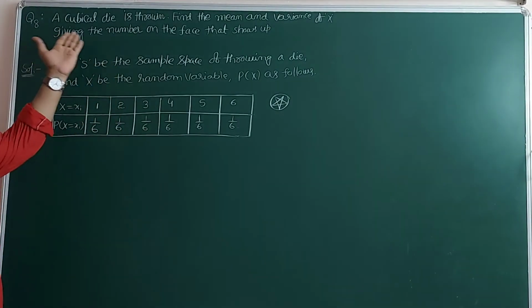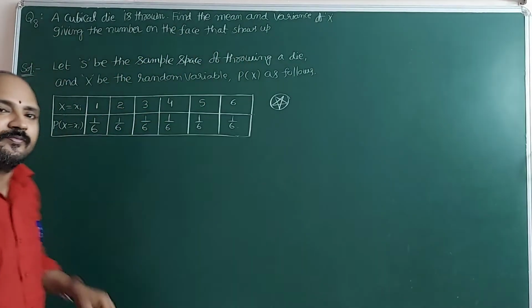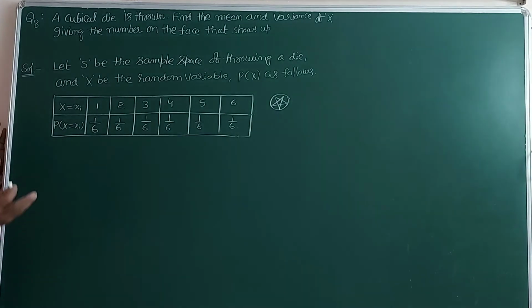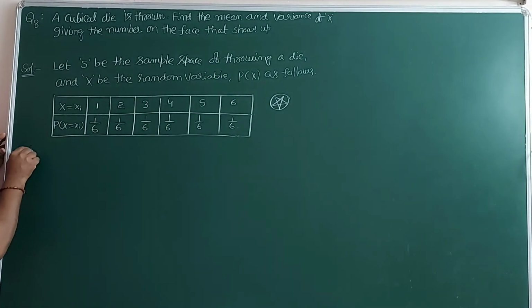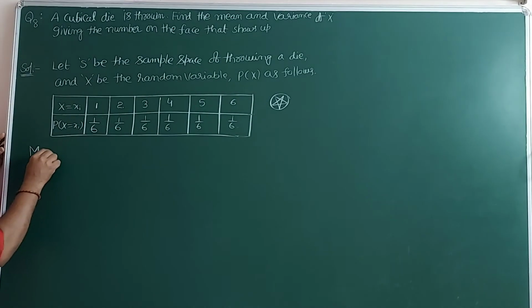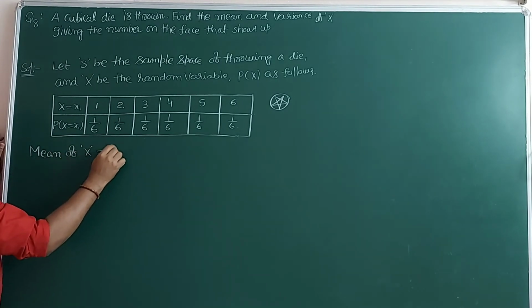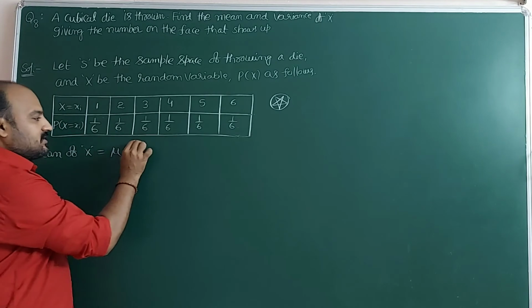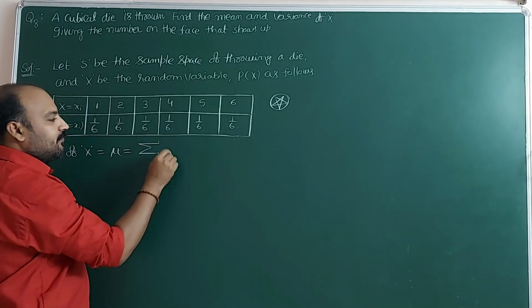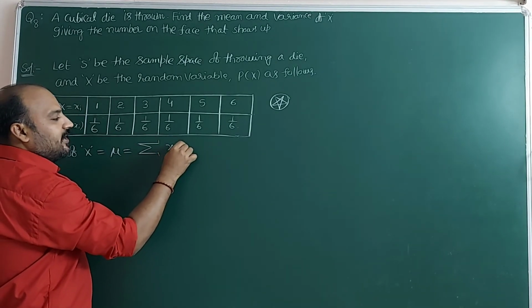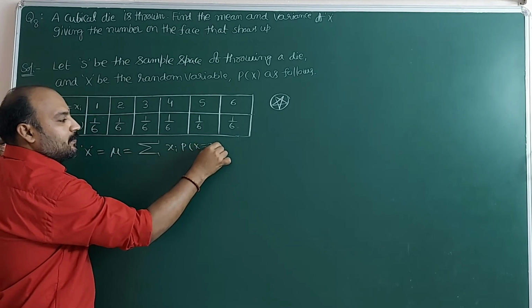Mean and variance they are asking. Find the mean and variance. Here there is no need to calculate the k value. Directly, the mean of the random variable x equals mu, the formula is summation xi into p of x equal to xi.